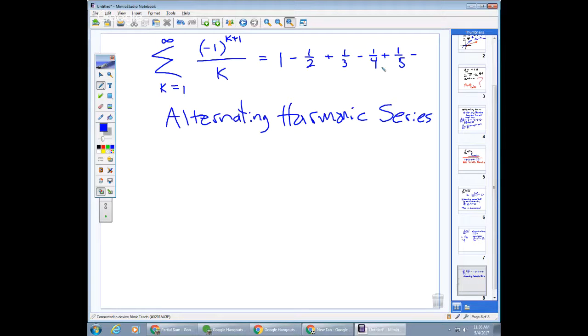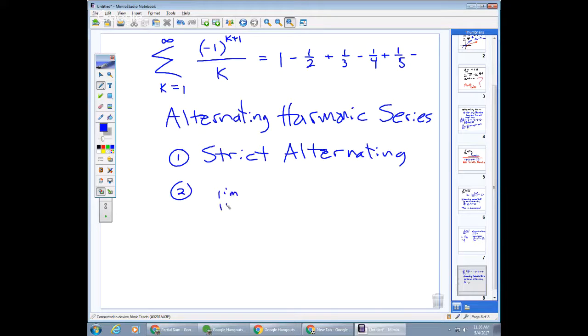Well, let's see. Is it strictly alternating? Okay, so we do have strict alternating. If we ignore the negative stuff and we take the limit as k goes to infinity of the rest of my term, which is just 1 over k, what does that do? Goes to 0, right?